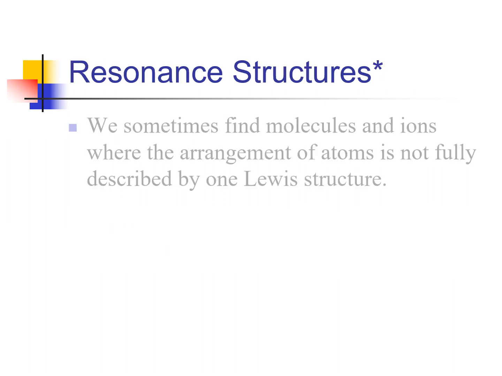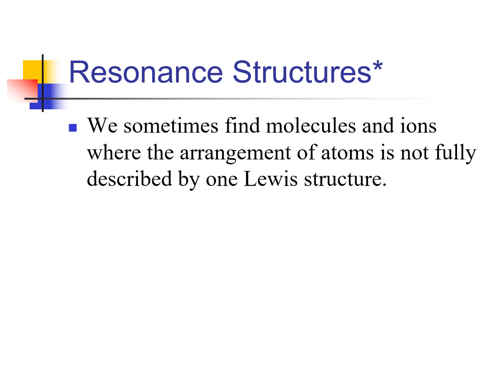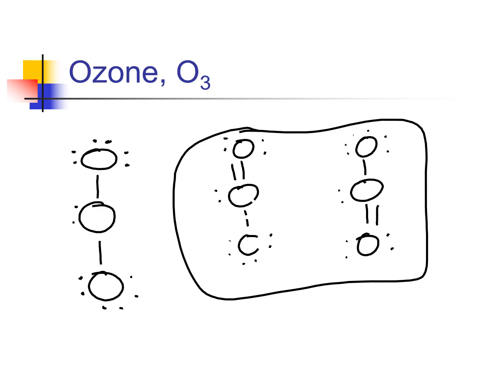Now this then brings us to resonance structures. Sometimes we find molecules or ions where the arrangement of the atoms is not fully described by one Lewis structure. In other words, there are 2 or more Lewis structures with the same formal charge situation.